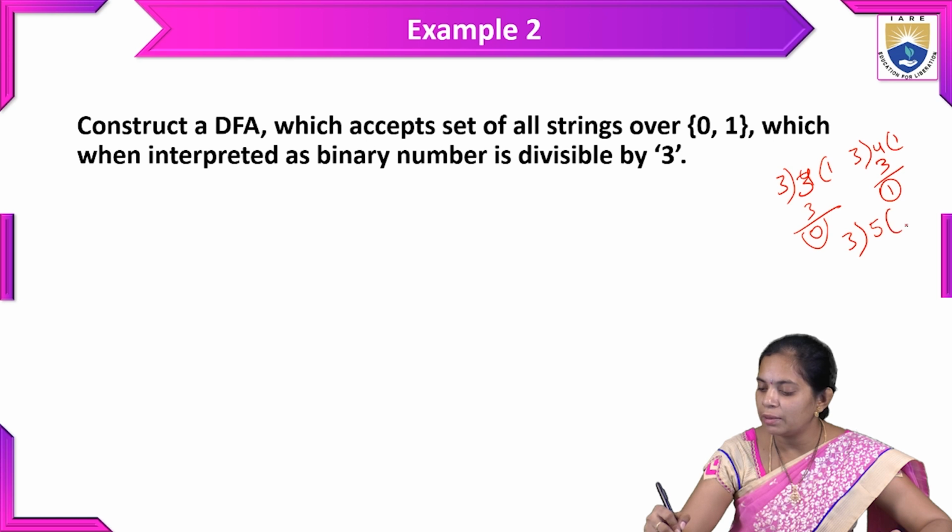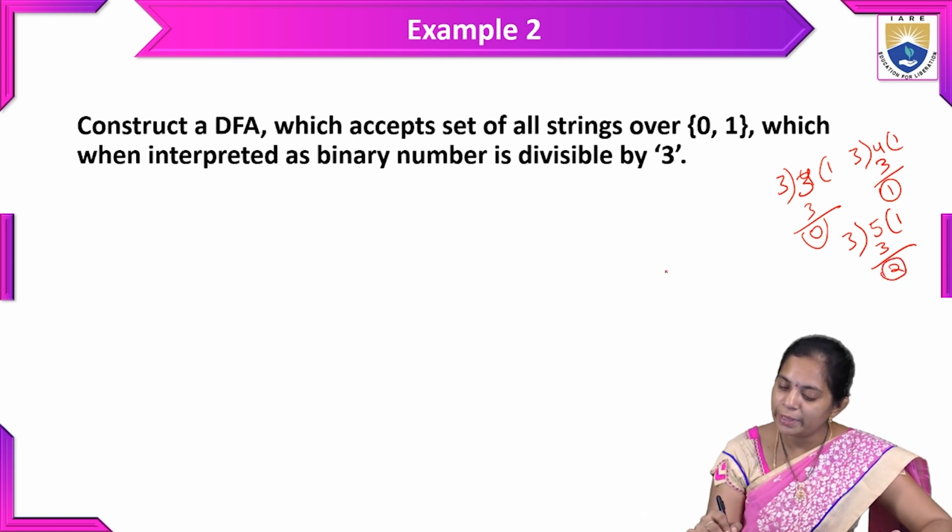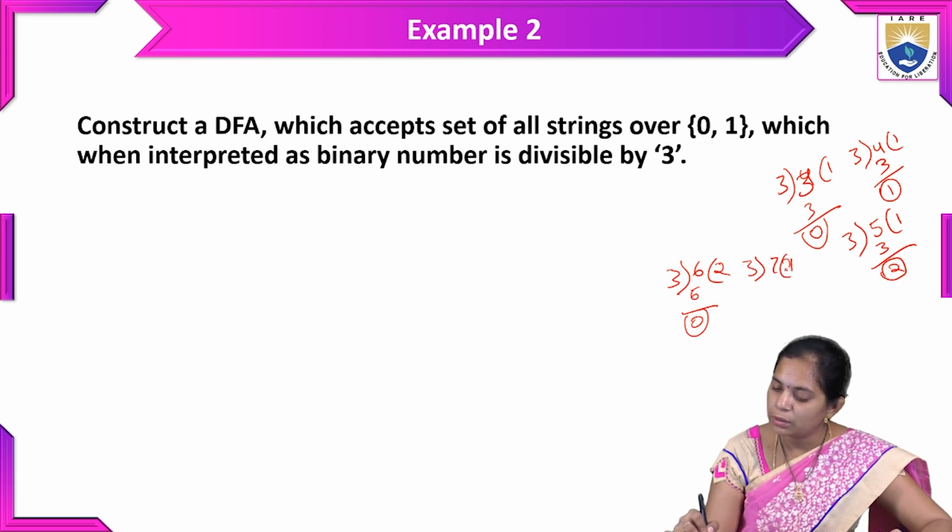If you take 5, 3 ones are 3, and we get 2 remainder. If we take 6, we get 0 remainder. And if you take 7, we get 1 remainder.